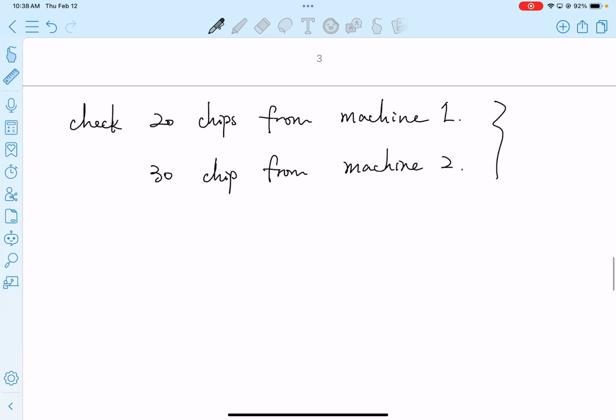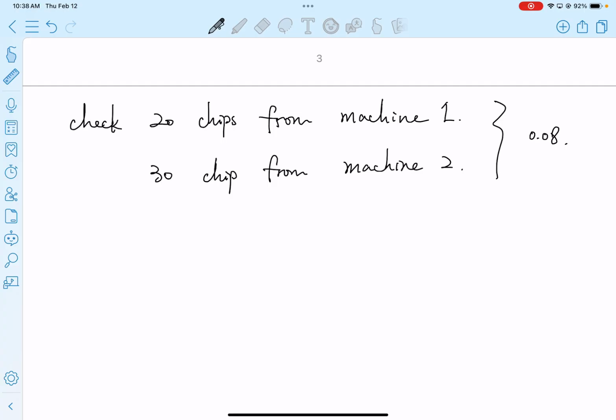They all have the probability of defective 0.08. How should we handle this? And then we want the total of them to have at most 2 defective.